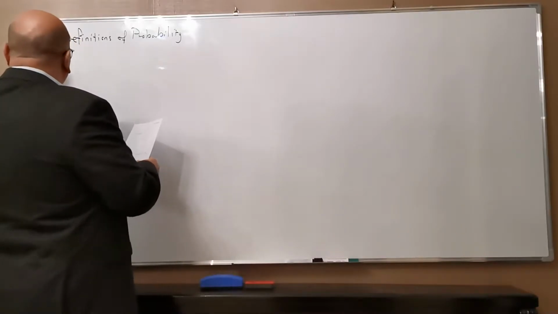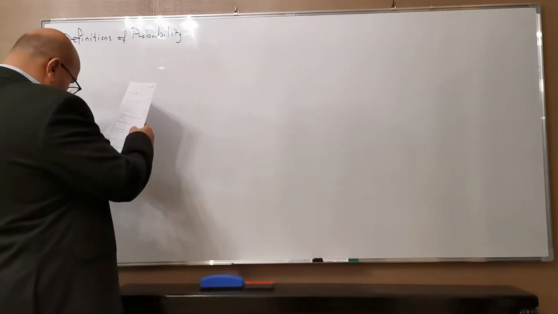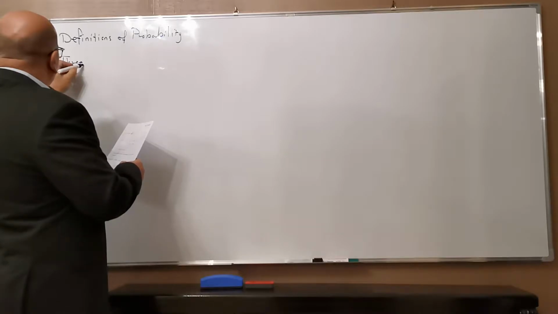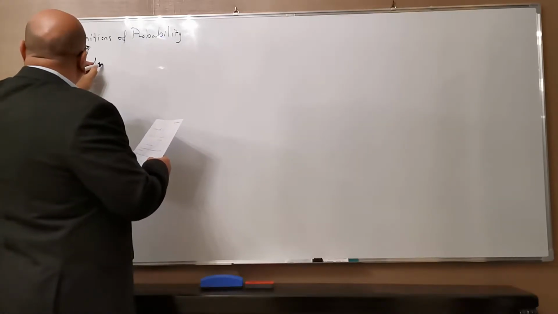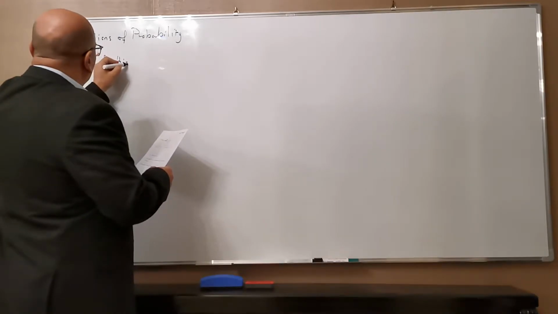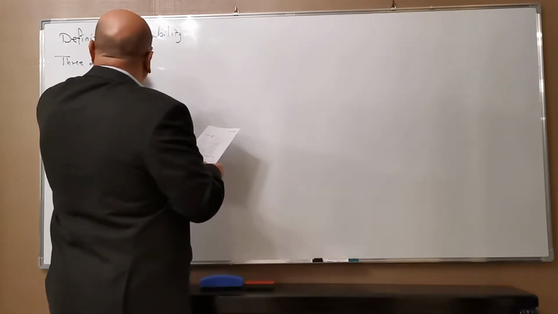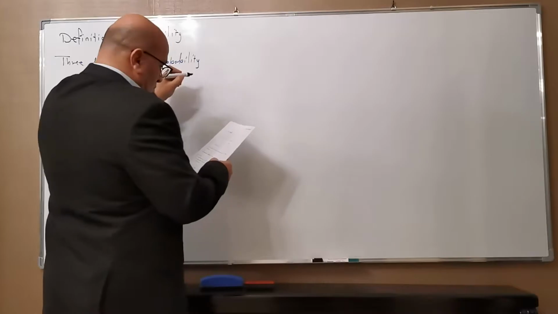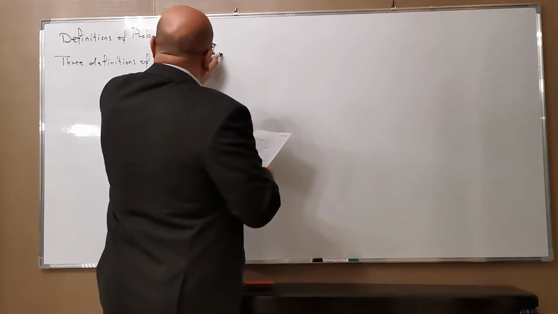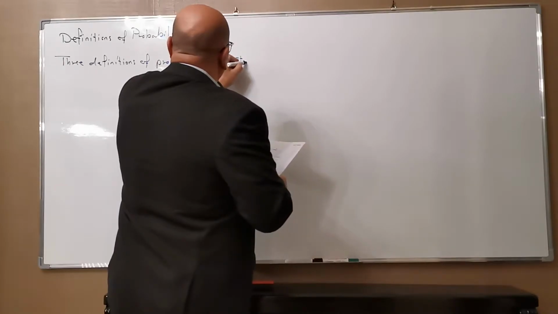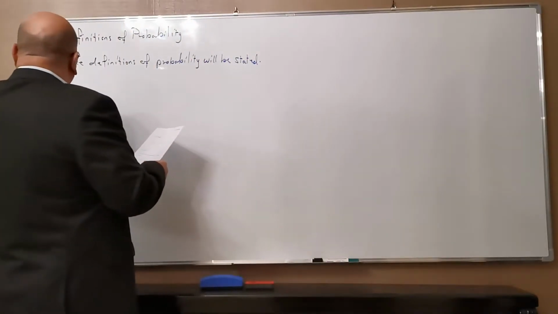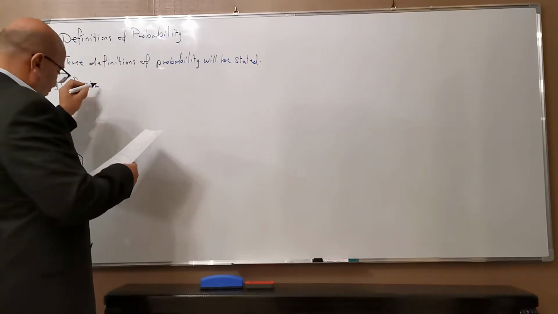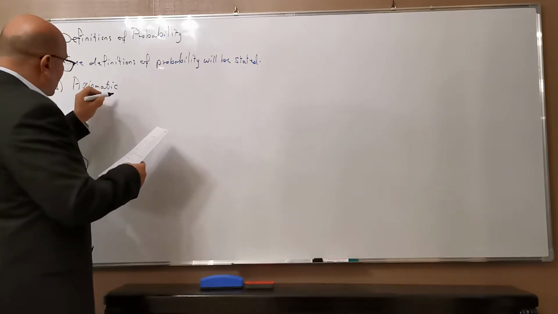We will have 3 definitions of probability stated. Okay, the first one is the axiomatic definition.